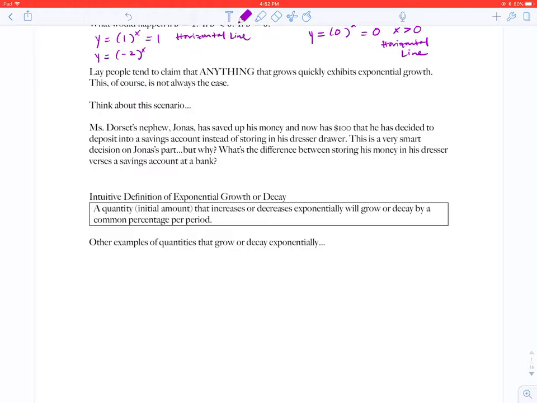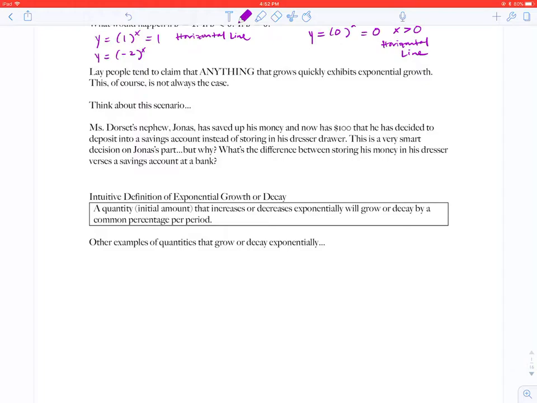So the intuitive definition of exponential growth or decay is having a quantity or an initial amount, like in Jonas's case, that initial amount would be $100, that increases or decreases exponentially. A quantity that increases or decreases exponentially will grow or decay by a common percentage per period.